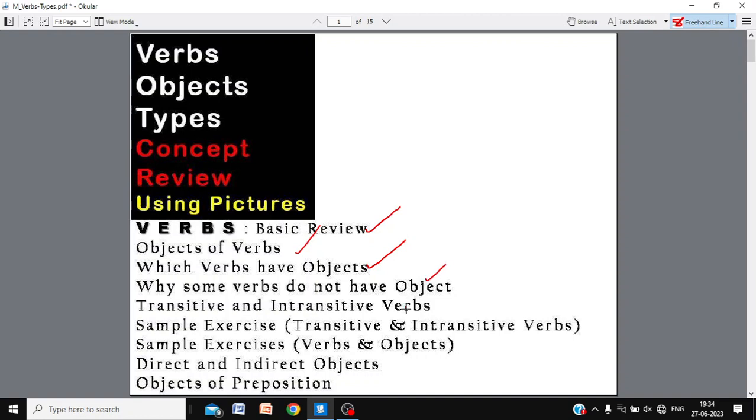Transitive and intransitive verbs, and also a simple exercise on transitive and intransitive verbs and identifying the objects and direct and indirect objects. And also that not only verbs but prepositions can also have objects. So here we begin a mobile view special, verbs, types of verbs and objects.